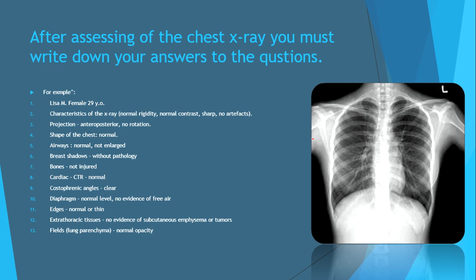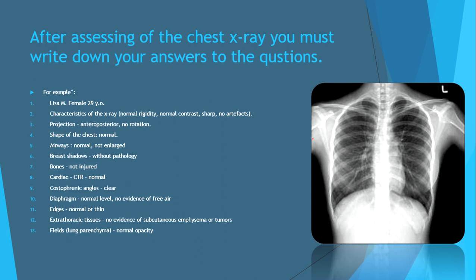Airways, normal, not enlarged. Breast shadows, without pathology. Bones, not injured. Cardiothoracic ratio is normal because it's less than 50%. Costophrenic angles, clear.